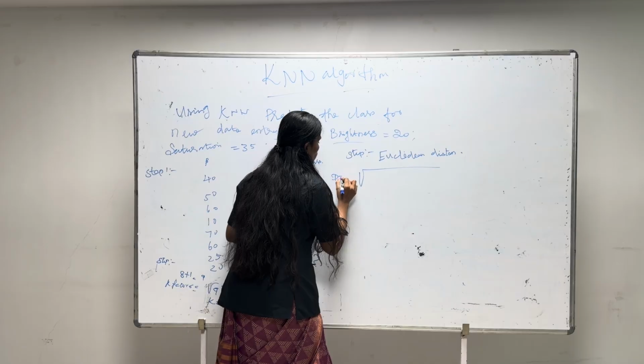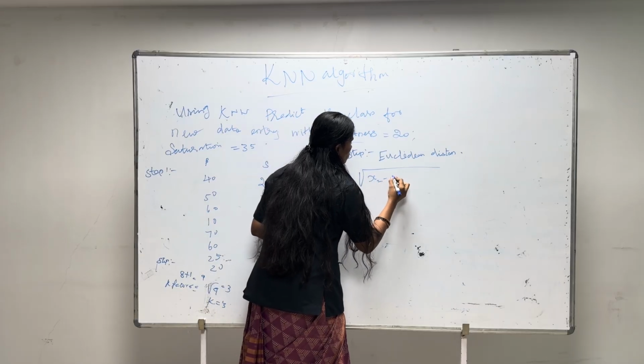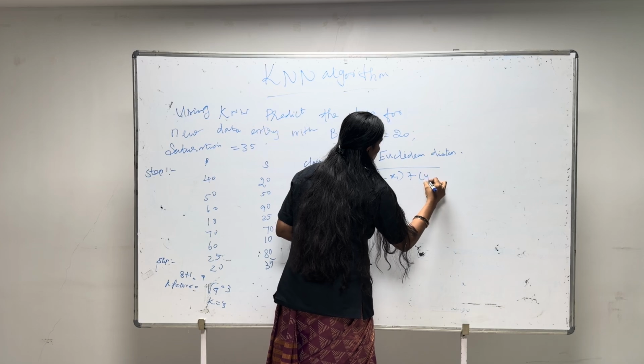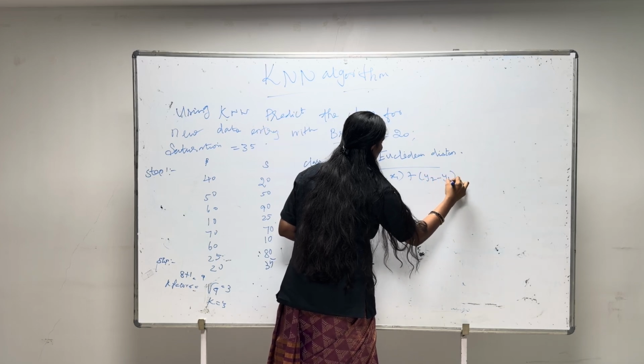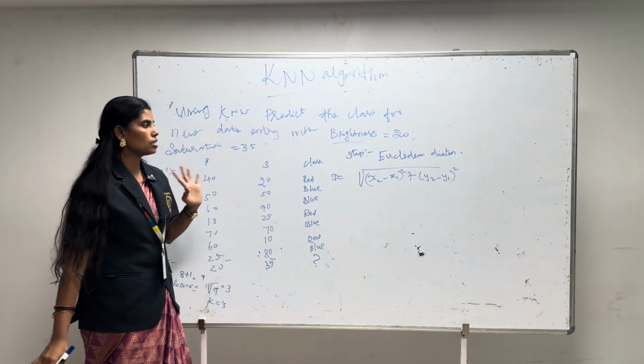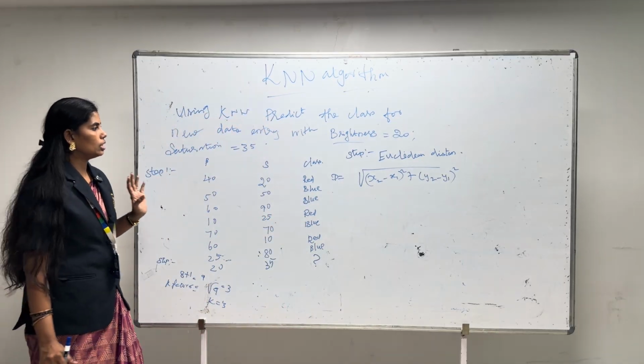So D is equal to the square root of (x2 minus x1) whole square plus (y2 minus y1) whole square. This is the formula for the Euclidean distance.